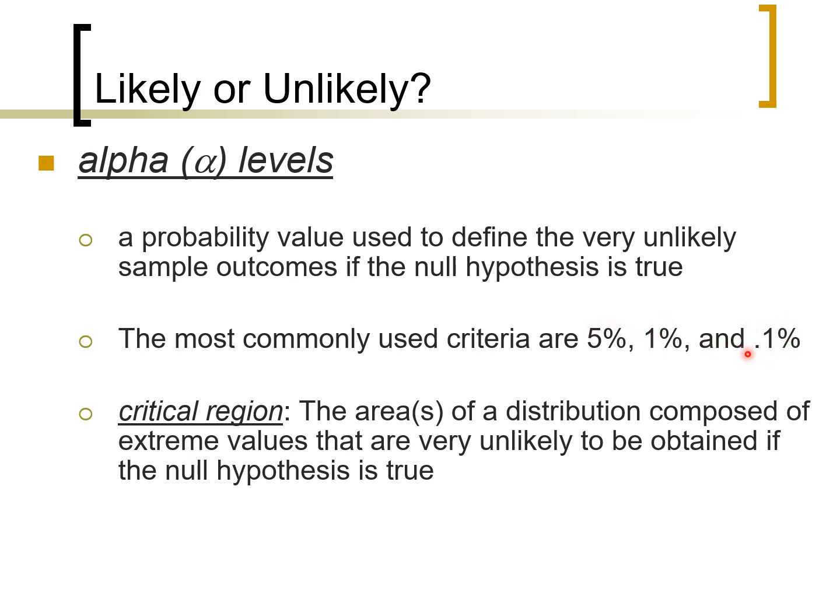If you have an alpha level of 0.1% and you get a sample mean that's extreme enough to fall in 0.1% of the distribution, think about what that means. We can be very confident, not certain, but very confident that we reject the null and did so correctly.